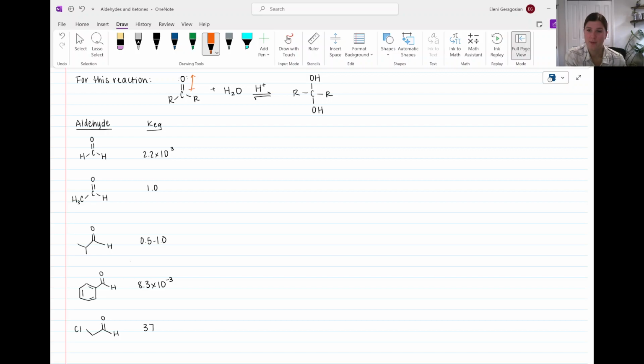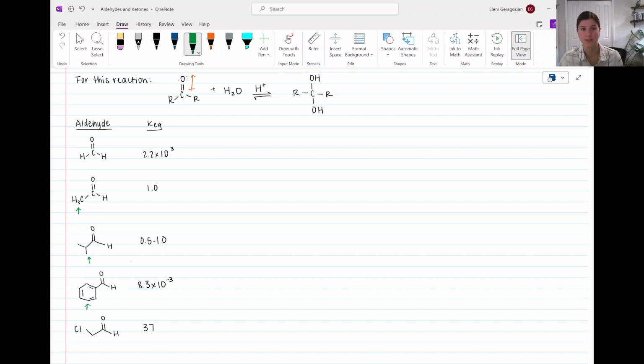Now remember, from our electrophilic aromatic substitution unit, we talked about which substituent groups are electron donating or electron withdrawing. The CH3 group, the isopropyl group, the phenyl group, these are all electron donating substituents.